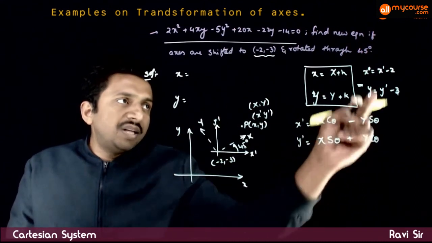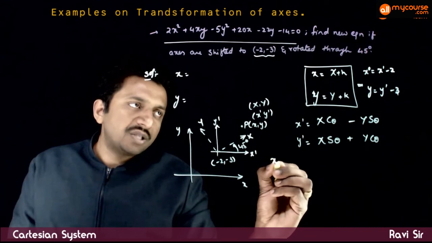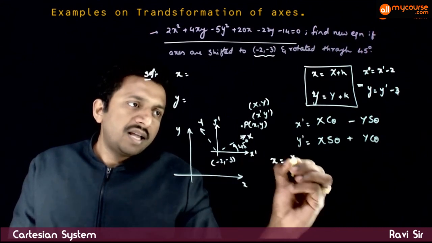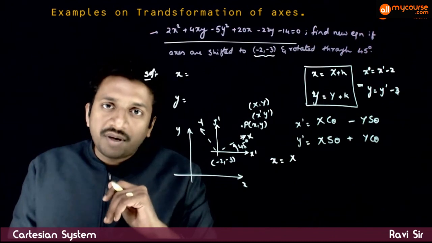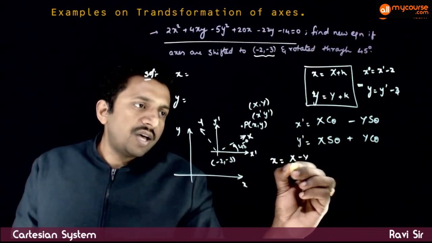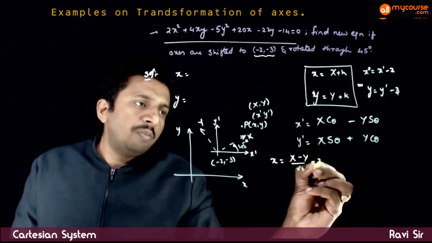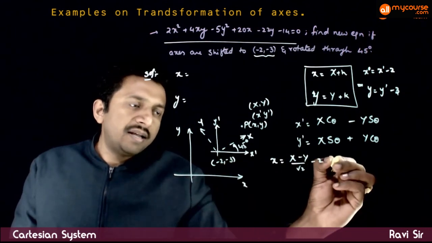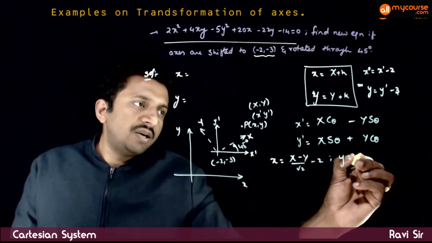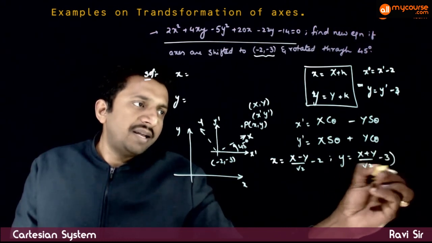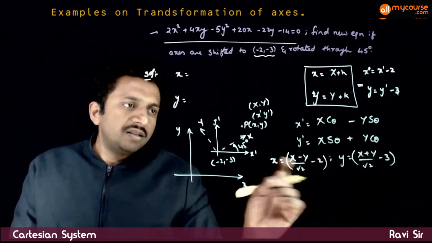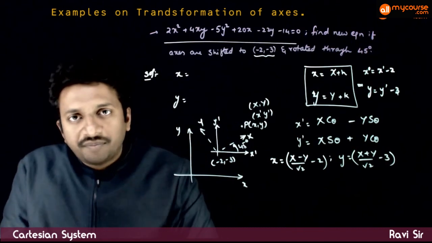So if you substitute this here, you get effectively small x is equal to capital X cos 45 minus capital Y sine 45, both are 1 by root 2. So small x is equal to x minus y by root 2 minus 2, and small y is equal to x plus y by root 2 minus 3. So this is small x and small y.